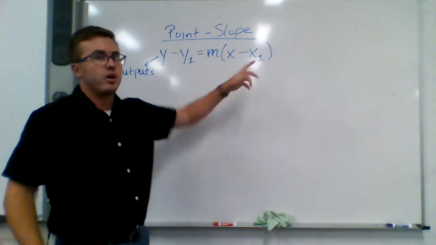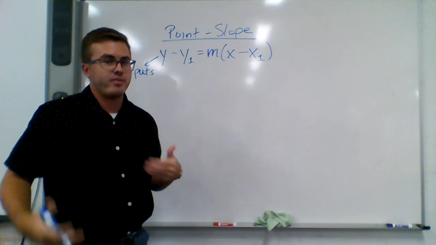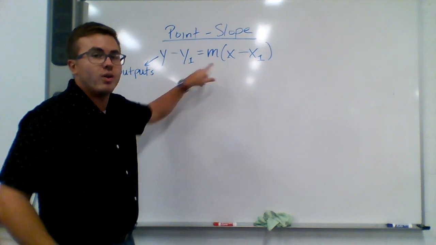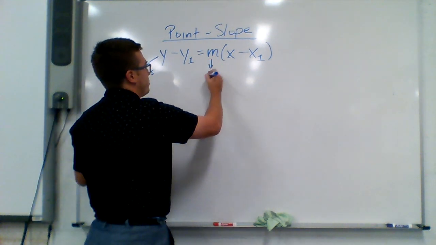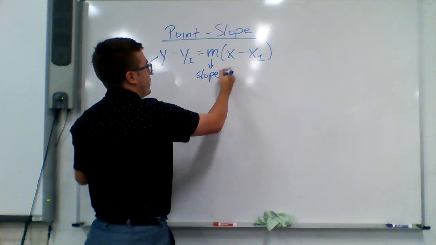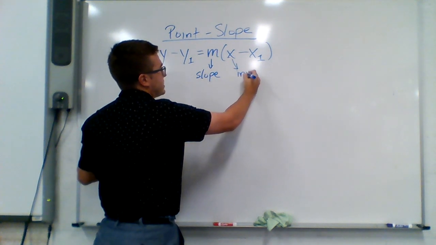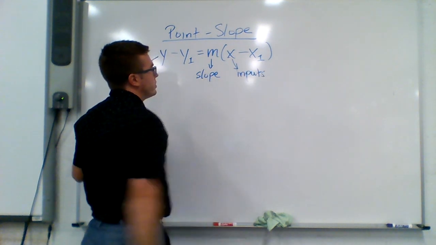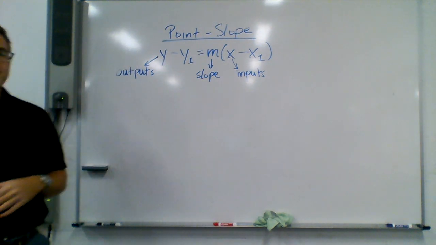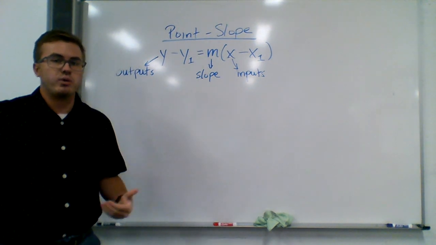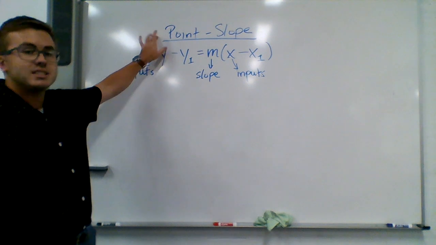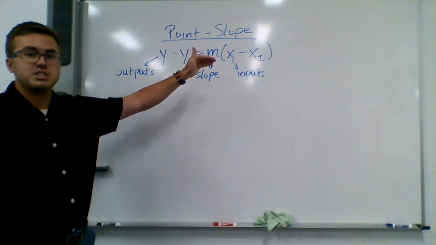y1 and x1 I'll get back to because we haven't talked about that yet. Let's go to what we know. We know that m is the slope. We also know that x is our set of inputs. Now the confusing part is this x1, y1. So we know that this equation is going to give us point and slope.